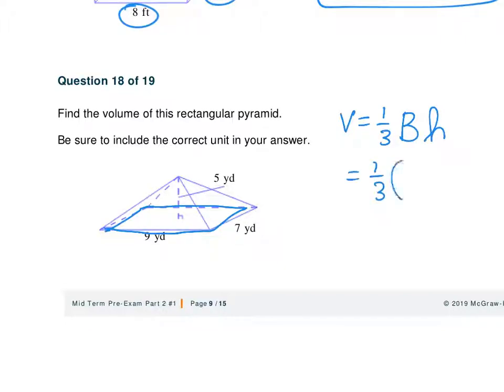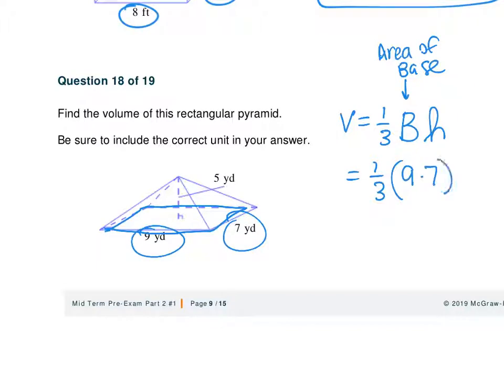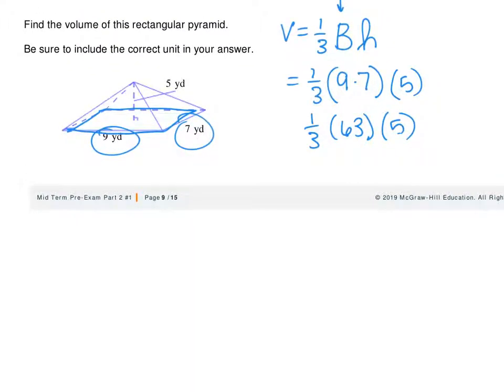Again, this is the area of the base, which is length times width, so we're going to take 9 times 7 times my height, which is 5, so that's 1/3 times 63 times 5. A third of 63 is 21 times 5, or you can type all of this in your calculator. You could do 1 divided by 3 times 63 times 5, and that will give you a final answer of 105 yards cubed.